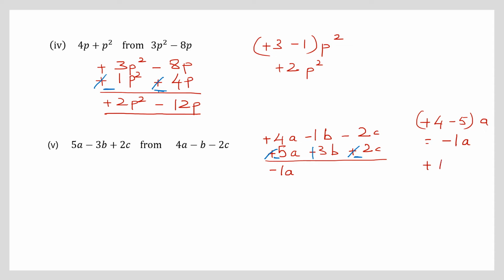Minus 1 plus 3b. When signs are different, sign of the bigger number and subtract. 3 minus 1 is 2, plus 2b. Then here signs are the same, so I can put the same sign and add, 2c plus 2c. 2 plus 2 is 4c.